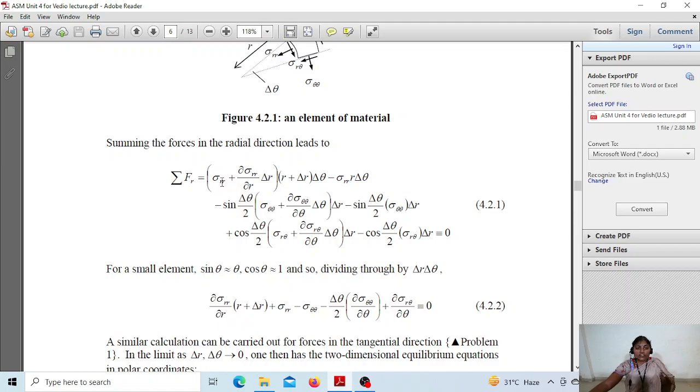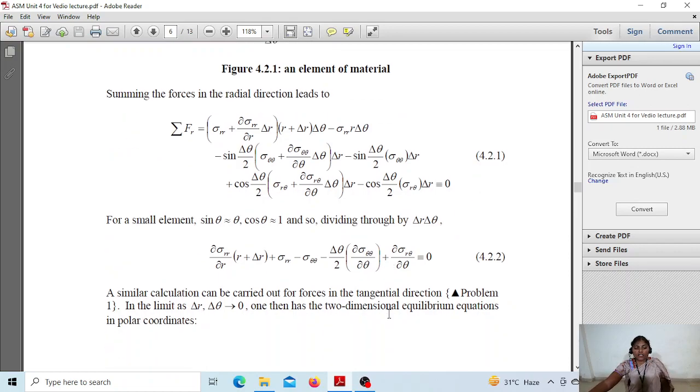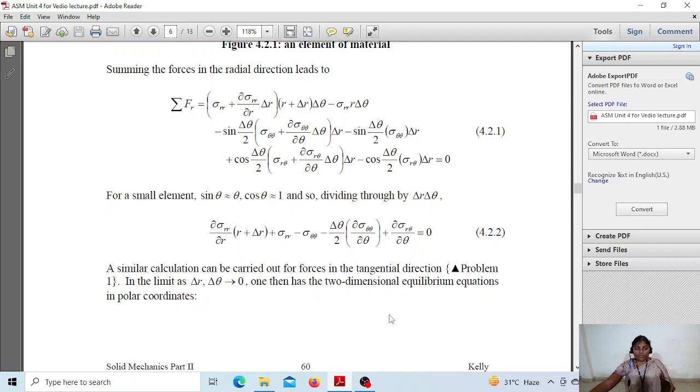Here sigma rr and here sigma rr cancel. You will be left with dou sigma rr by dou r into r plus delta r plus sigma rr minus sigma theta theta minus delta theta by 2 into dou sigma theta by dou theta plus dou sigma r theta by dou theta is equal to 0.